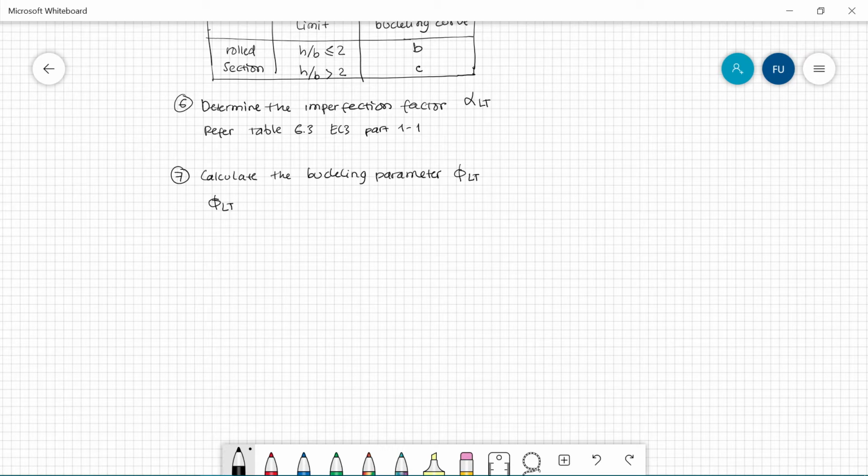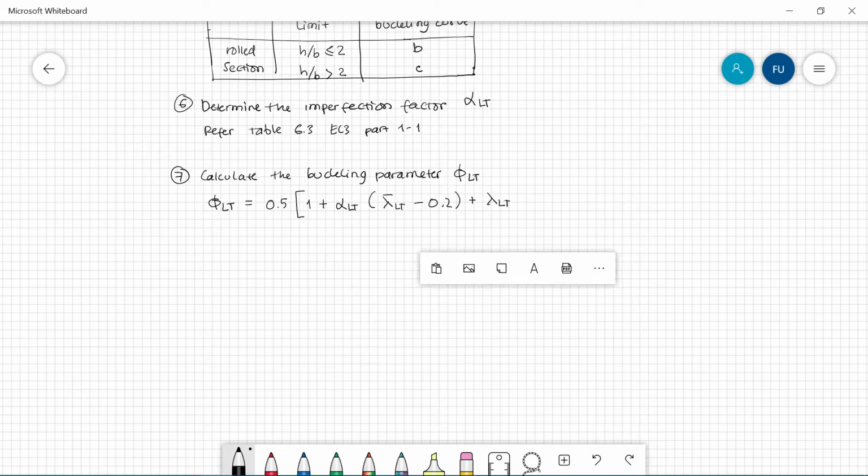Phi LT is equal to 0.5 times 1 plus alpha LT times lambda LT bar minus 0.2 plus lambda LT bar squared.